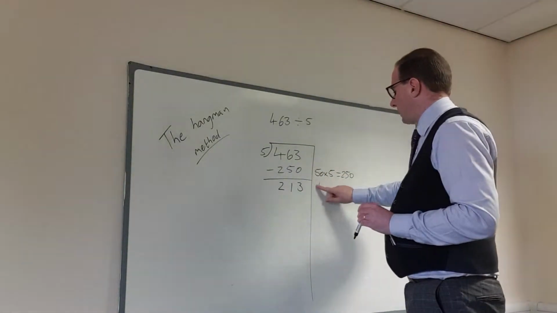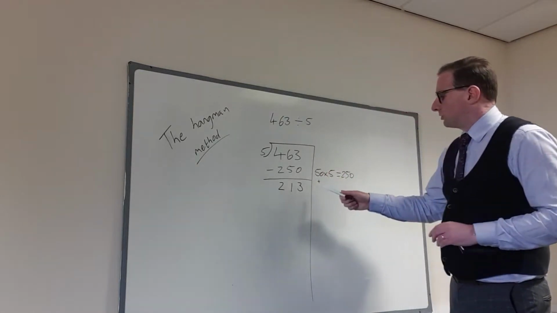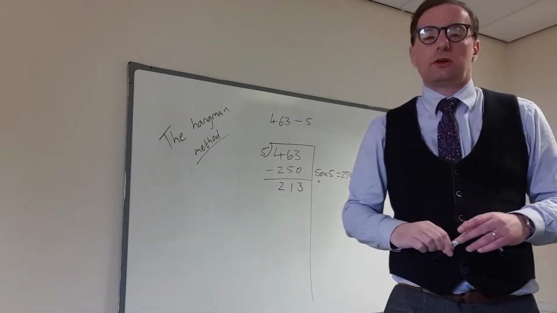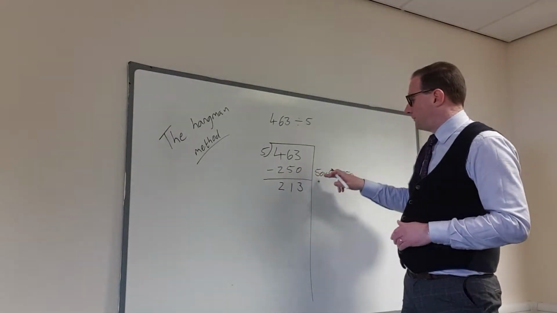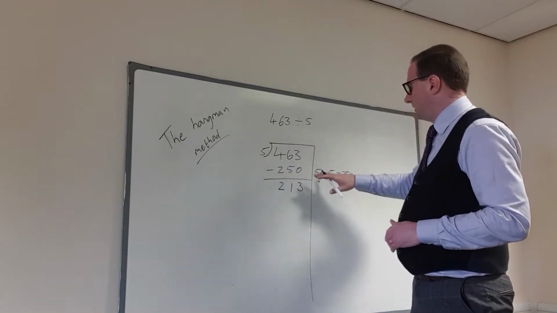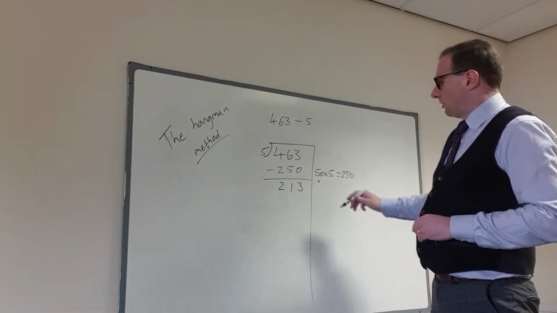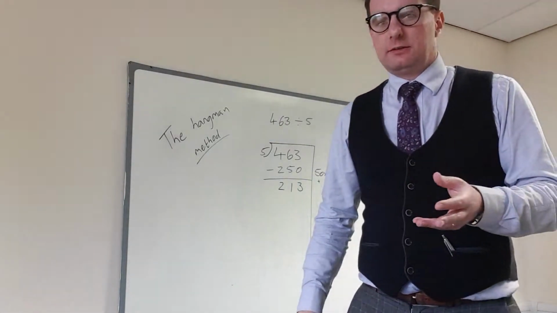So how many times does 5 go into 213? Well, it doesn't go into it 50 times, because 5 times 50 is 250. So if we cut that number in half, make the sums nice and easy.